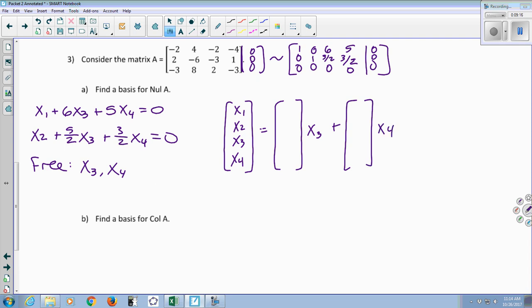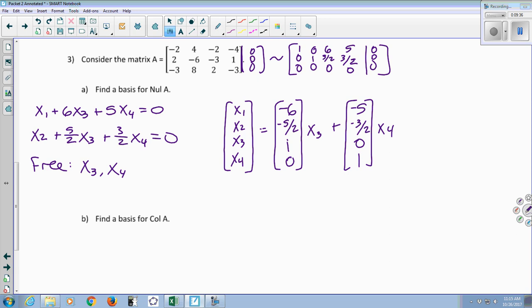And x1 is negative 6x3 minus 5x4, right? I would just solve for x1 there. x2 is negative 5 halves x3 minus 3 halves x4. x3 is free, and x4 is free.